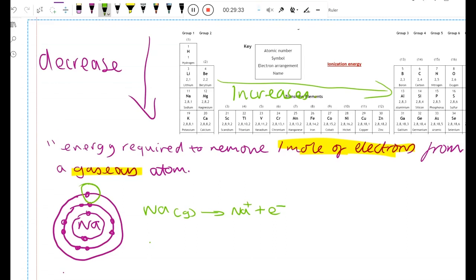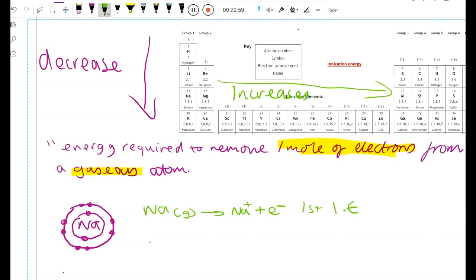And when you do that, so this is the first ionisation energy, you actually remove the energy level as a whole, because it only had one electron anyway.